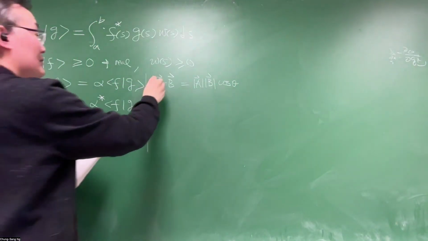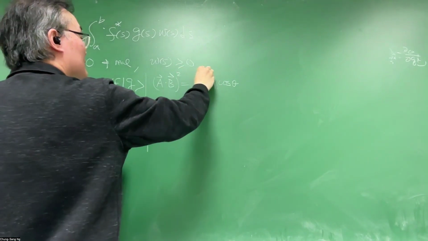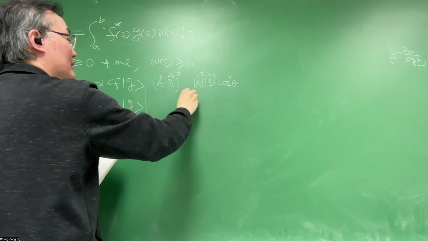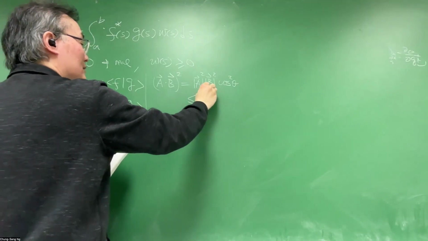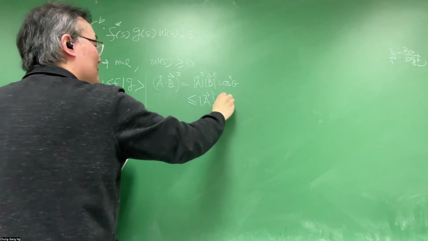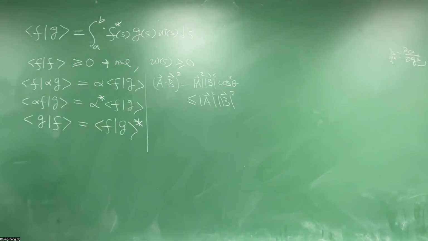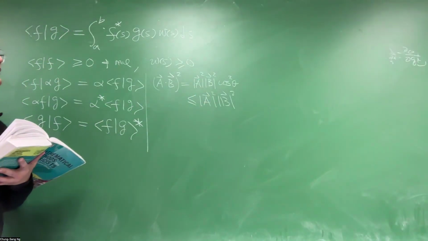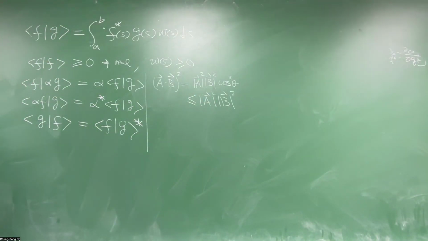If you square them, cosine squared theta is less than 1, so A dot B squared is less than A squared times B squared. That is trivial, right? For the usual vector in geometrical space, this Schwarz inequality is quite straightforward.